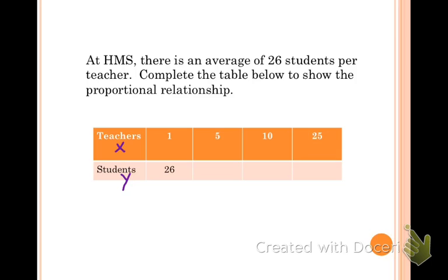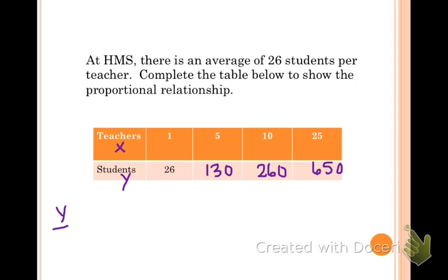So if there are 5 teachers, we could take 26 times 5, and we would get 130, right? If there are 10 teachers, it would be 260, and if there are 25 teachers, it is 650.